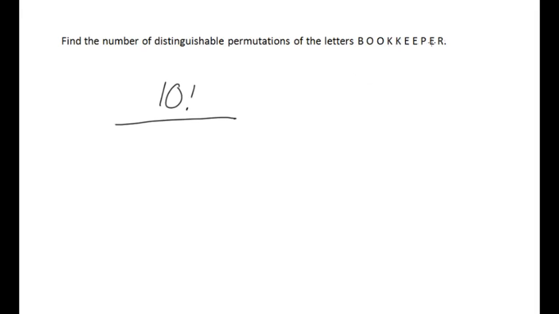So for any arrangement of these letters, where there are two K's, we can swap the K's and it would be not distinguishable. So what we need to do is divide by the number of ways in which we could rearrange the K's, and that is 2, or 2 factorial.